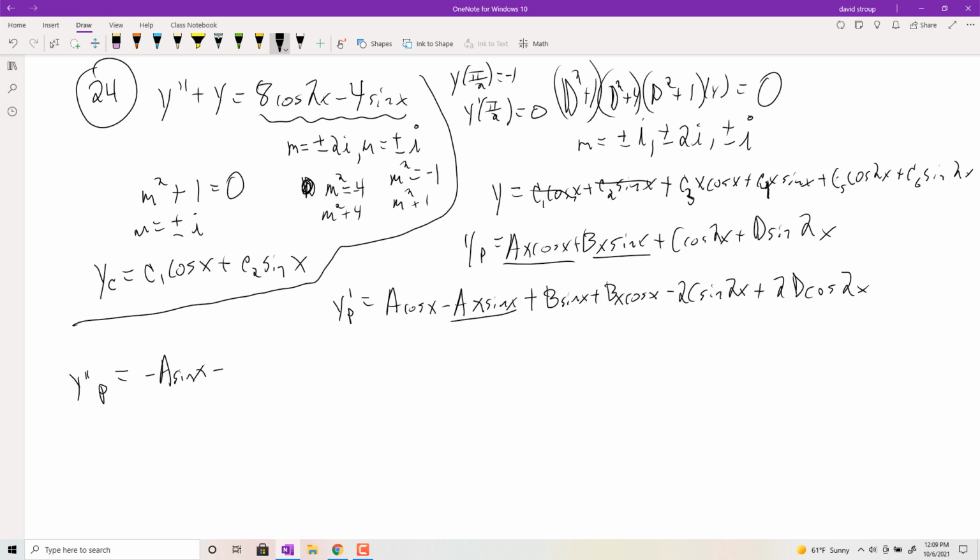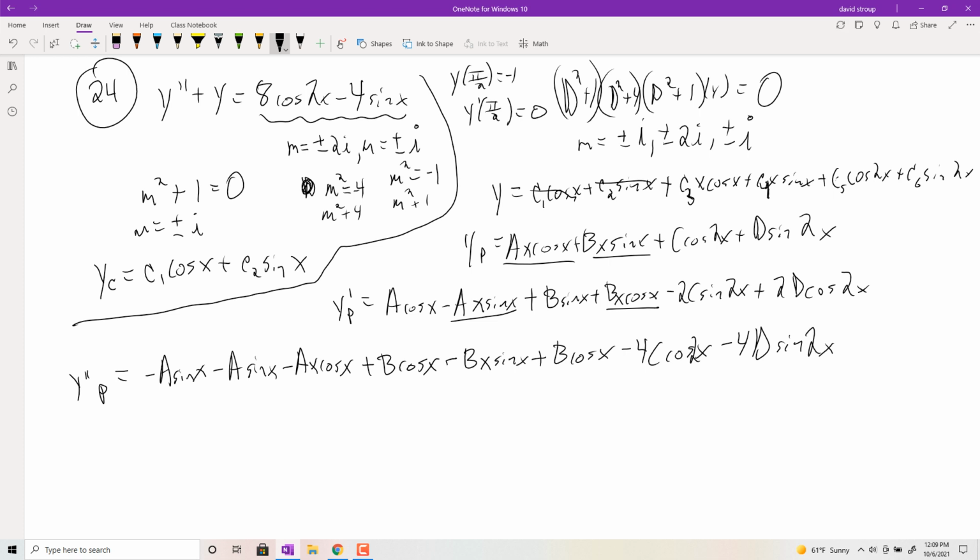The product rule would give me negative a sine x minus ax cosine x, then the next guy plus b cosine x, and then this one needs 2 derivatives, so minus bx sine x plus b cosine x, and then chain rules again, minus 4c cosine 2x minus 4d sine 2x, okay.